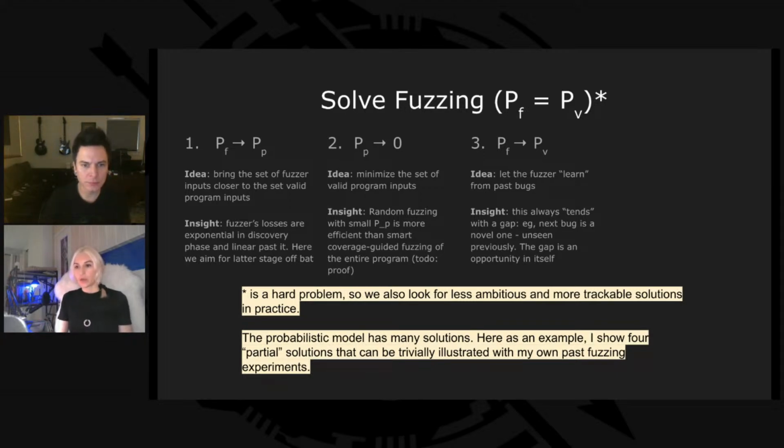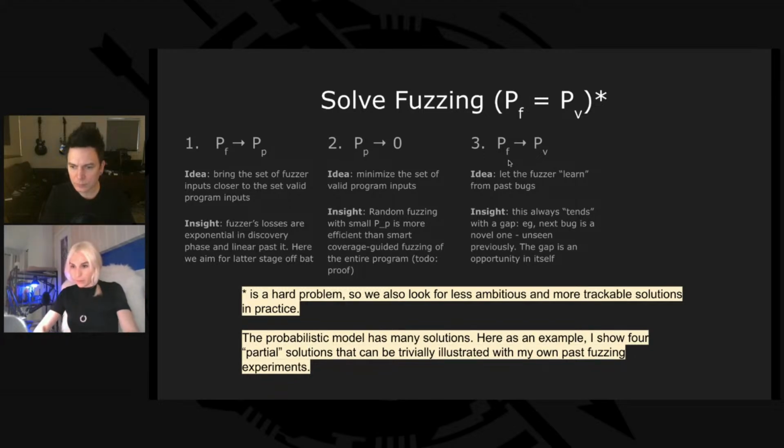In this situation, the inputs that the fuzzer generates from such a probability distribution will potentially be attacking the same patterns or the same areas where previous vulnerabilities happened. This cannot be solved exactly because when we're discovering bugs, it turns out that the next bug is always novel. Well, not always, but sometimes it happens to be novel and something unseen previously.